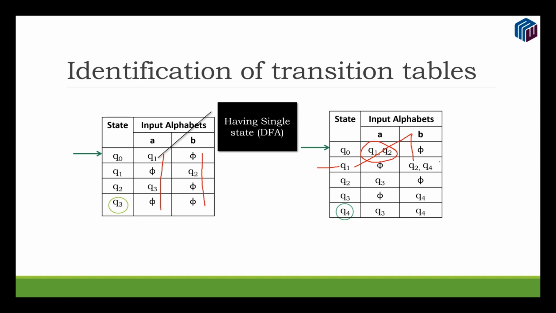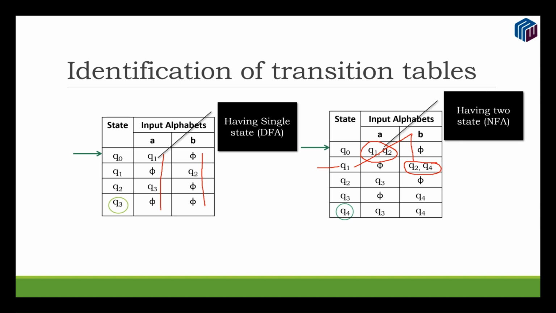Here also we have a set of states. If we find a set of states in a table, then we can say it is an NDFA or NFA. Clear? This is the way you identify whether a transition table is related to a DFA or an NFA.